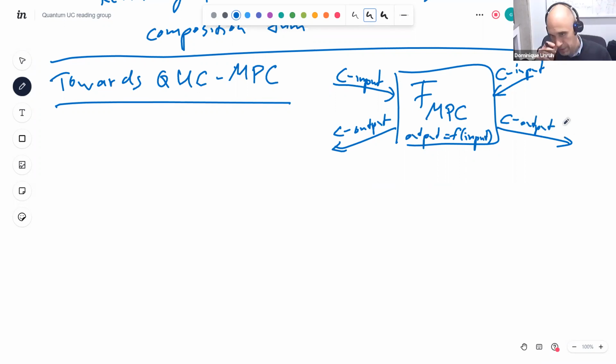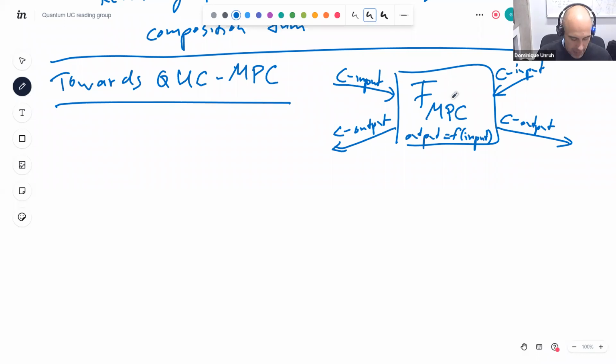I mean, I'm ignoring things like corruption and so on. The reason why I do that is that anyway, I will only use existing classical results. So the only results that actually talk about this functionality will be classical results that I can lift in a black box way to the quantum setting.